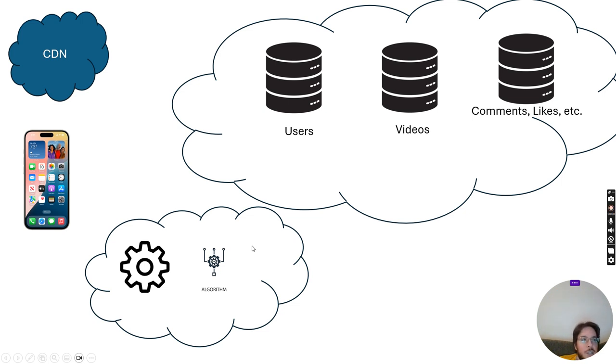When somebody logs into the app, it recommends a certain video depending on the user and what that user is most likely to watch, because you want that user to be glued to your app for as long as possible until their brain turns to mush. That's why you need a really good algorithm. The algorithm is one of the most valuable parts of the app, next to the users. But with no users or no algorithm, you're screwed.